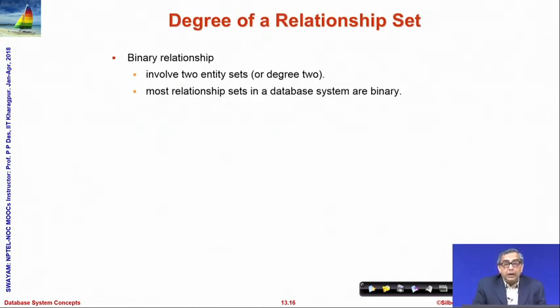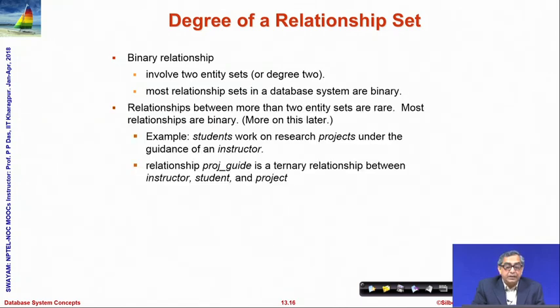Now, how will a relationship span out? We have said that a relationship must involve two entity sets. Primarily relationships are binary, it involves two, and most relationships in most databases are binary in nature, but we will see later that there are possibilities of having relationships which are more than binary, ternary and higher.